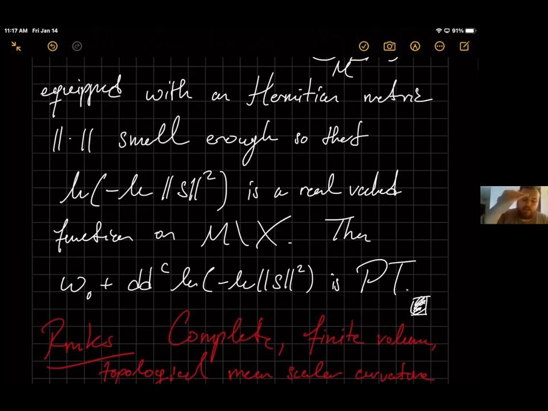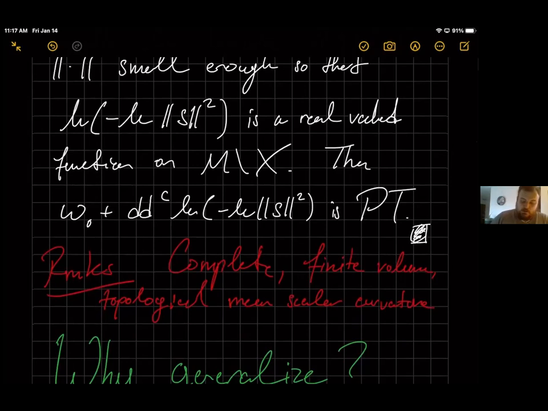This is going to behave essentially the same way as this tau in our coordinates close to the hypersurface X. So we make this small enough so that it is well defined, and then you can add that onto your background metric omega naught, and you have a Poincaré-Type metric. You don't have a whole lot more information than that, but you can always make one of these things.